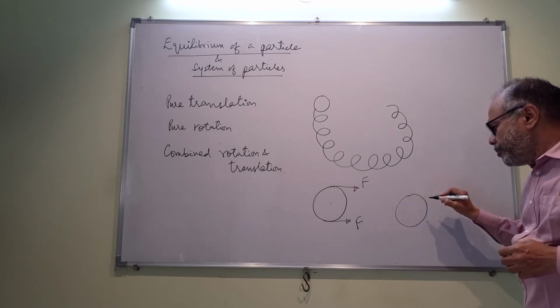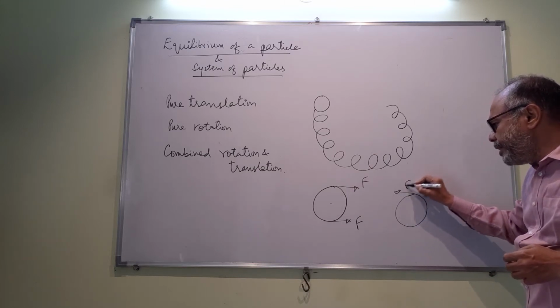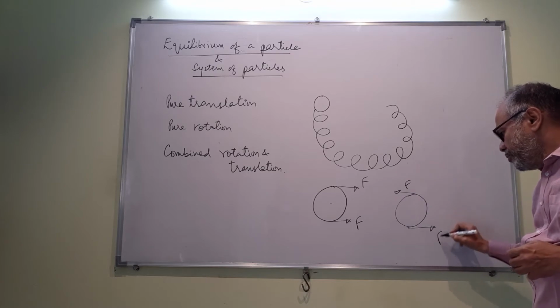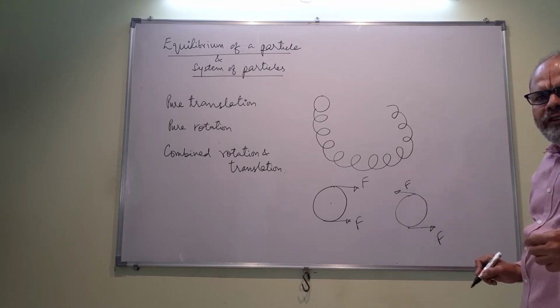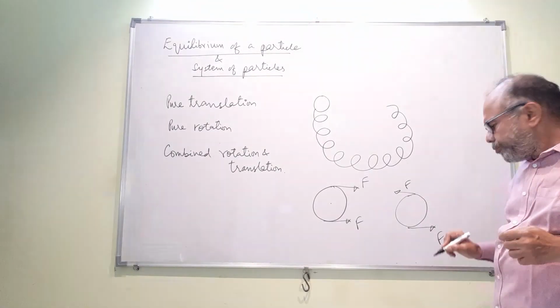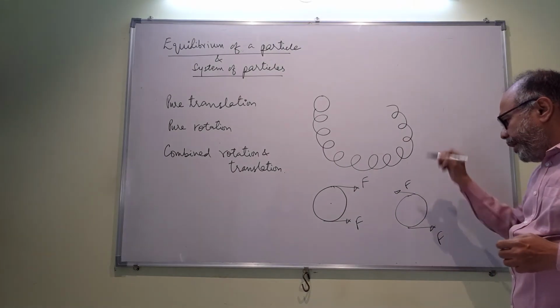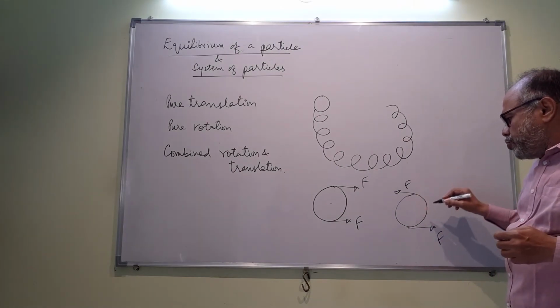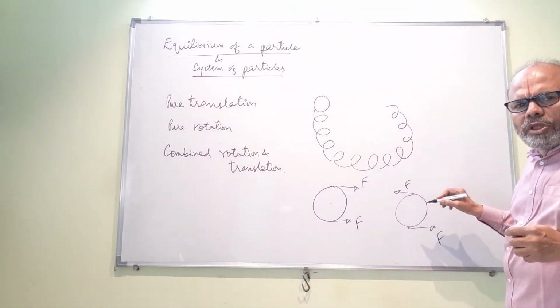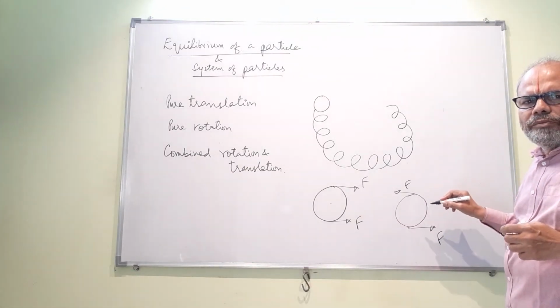If you took the disk and applied two forces like this, a couple, the net force is zero, but the net torque is not zero. So it is in translational equilibrium but not in rotational equilibrium.